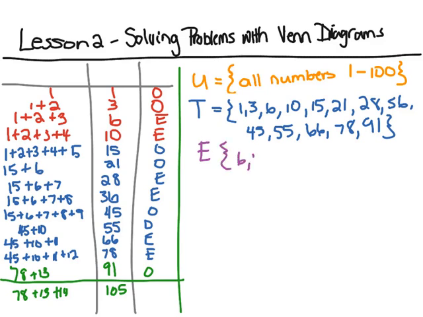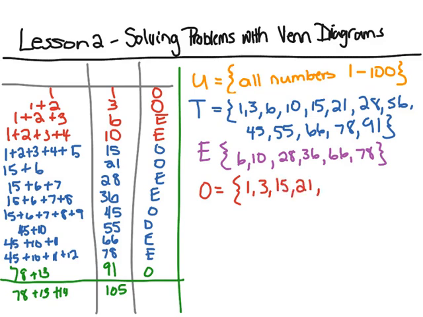So 6, 10, 28, 36, 66, and 78. And we will do our odd numbers. So 1, 3, 15, 21, 45, 55, 91. So there's all of our sets.